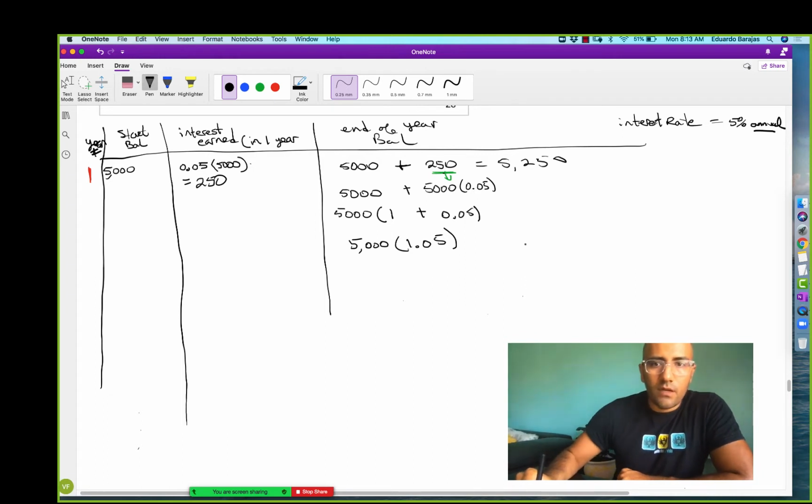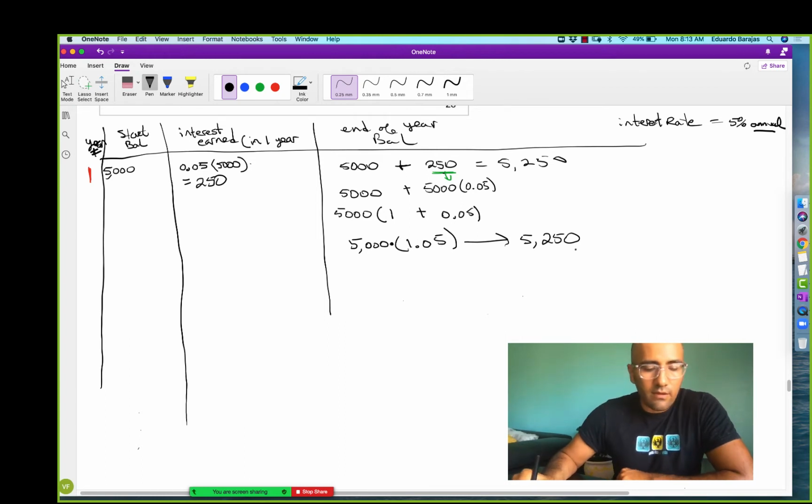Then if we get a calculator and multiply these together, you'll see that you get the exact same number, 5,250. So 5,000 times 1.05 is 5,250. Good? Okay.